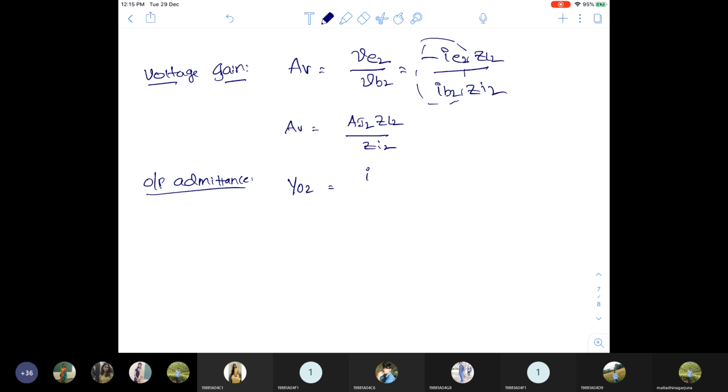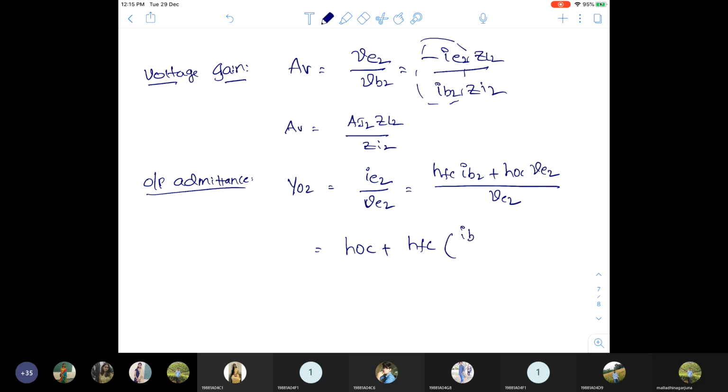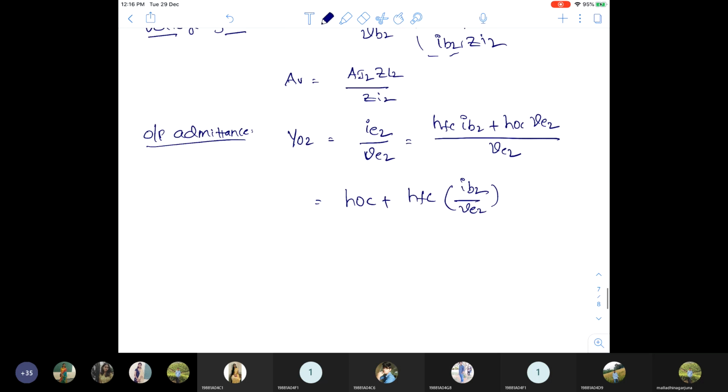Y02 equal to output current by output voltage, that is HFC IB2 plus HOC VE2 divided by VE2. If we separate the terms, HOC plus HFC into IB2 by VE2. To calculate this relation, we know that the input voltage will be constant, that is VB2 equal to 0.